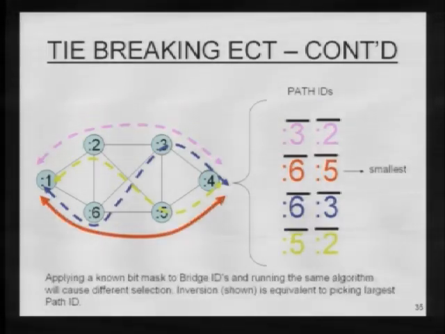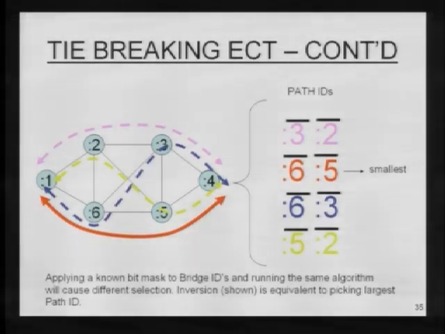Now, what we do in order to produce all of the other different paths is we simply apply bit masks to the bridge identifiers. So I can, if I invert all of these bridge identifiers and then run the same algorithm, the smallest under inversion is actually the largest path identifier. And so I end up with this red path.